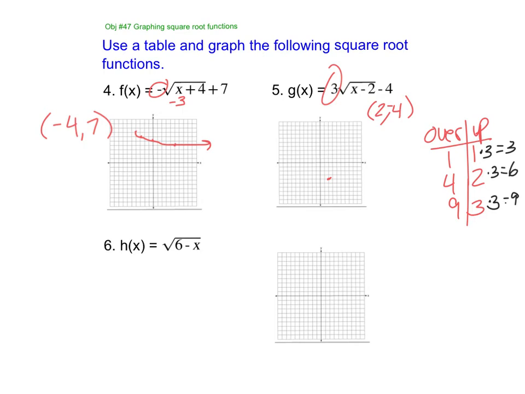So instead of going over 1, up 1, we're going to go over 1, up 3. Over 4, 1, 2, 3, 4, up 6. And over 9, up 9. It's an equal, not a negative. So 9, it's like here.